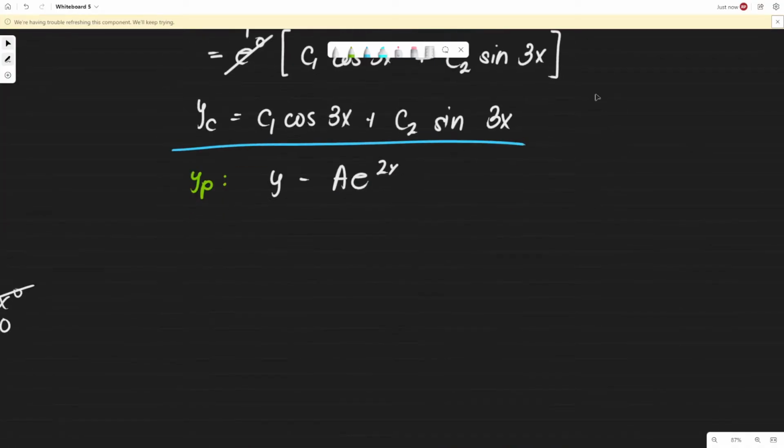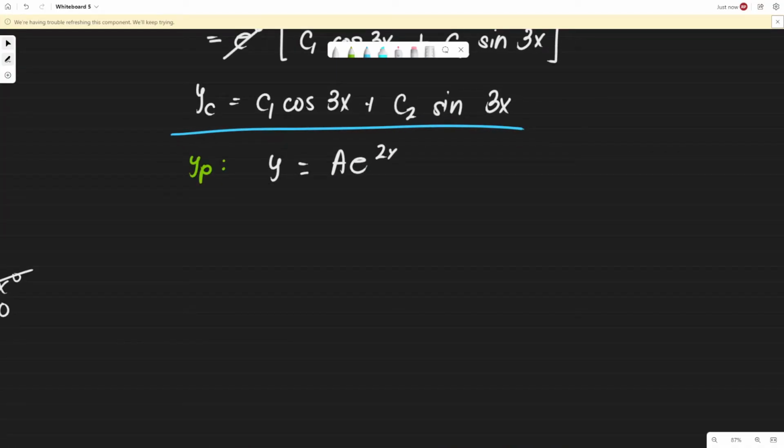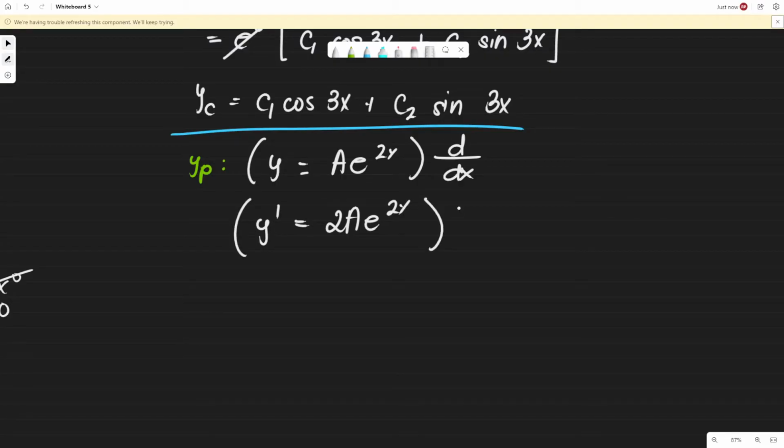I hope that is clear. Our highest is y double prime, so we need to get the derivative twice. So y prime is equivalent to 2Ae raised to 2x. Then get another derivative. So y double prime is equivalent to 4Ae raised to 2x. Since that is the highest exponent in the given, I stop here.